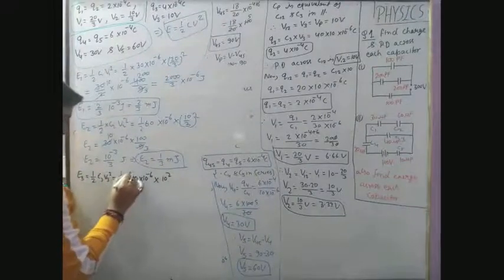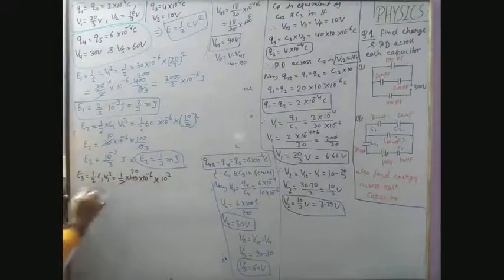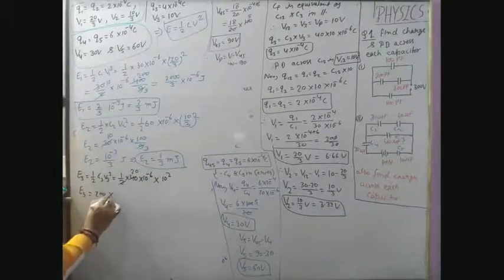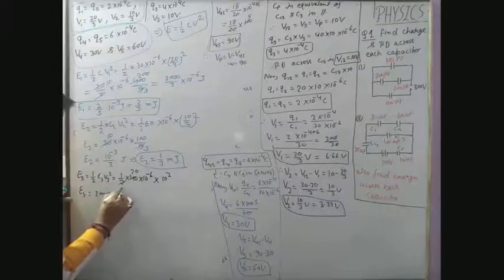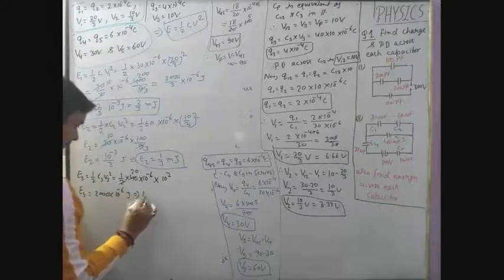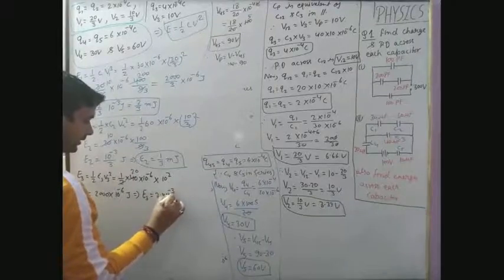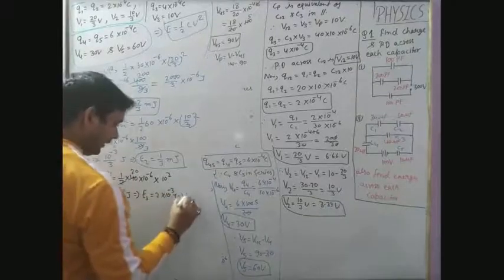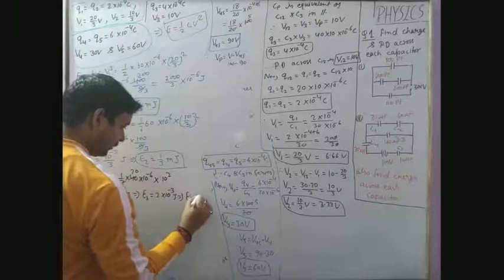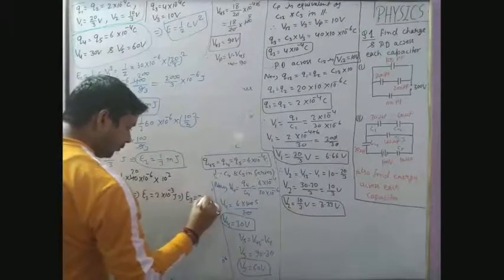So this will be cancelled by 20, and this gives 2000 into 10 to the power minus 6 joule, which means E3 is equal to 2 into 10 to the power minus 3 joule, that is E3 is equal to 2 millijoule.